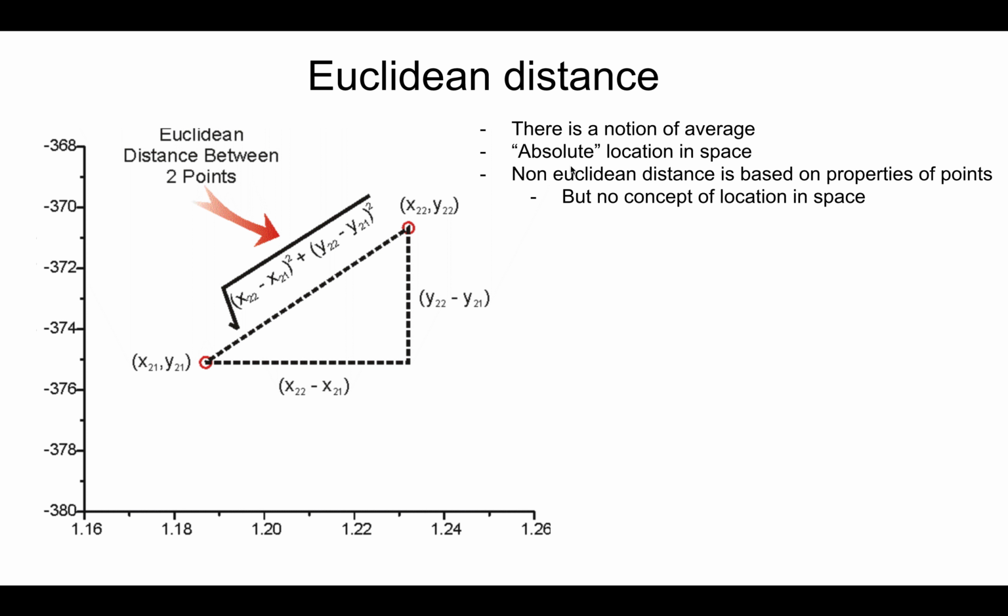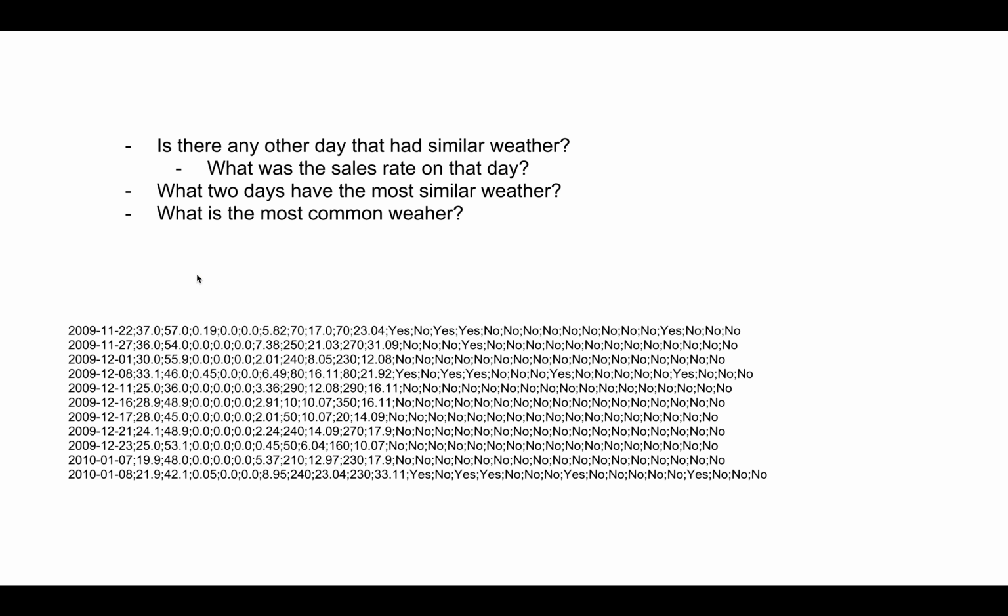And in the non-Euclidean space, the distance is based on properties of these different points, but there is no concept whatsoever of location in that space. So if we backtrack here to our data and take a look at this, you can see that we have these yes and no variables here, whether it was raining or not.